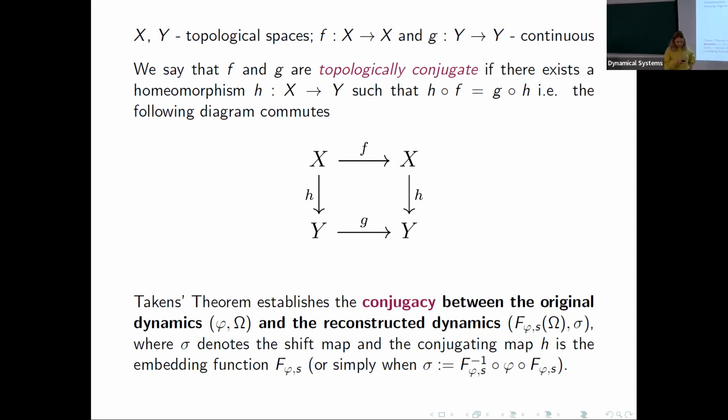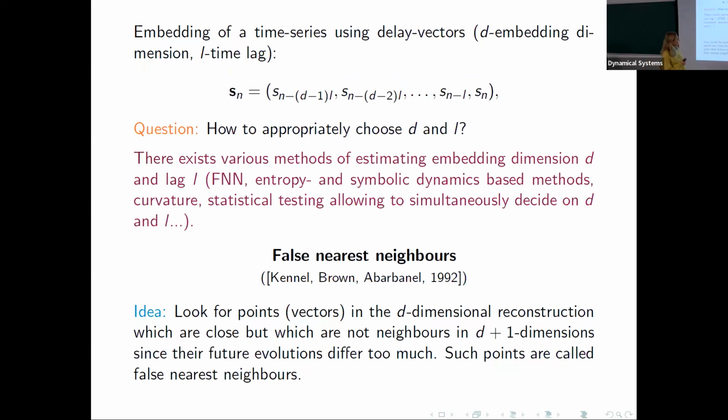So our idea was to look at some methods of estimating the embedding dimension and check if they can be applied to testing the notion of conjugacy or semi-conjugacy of time series.